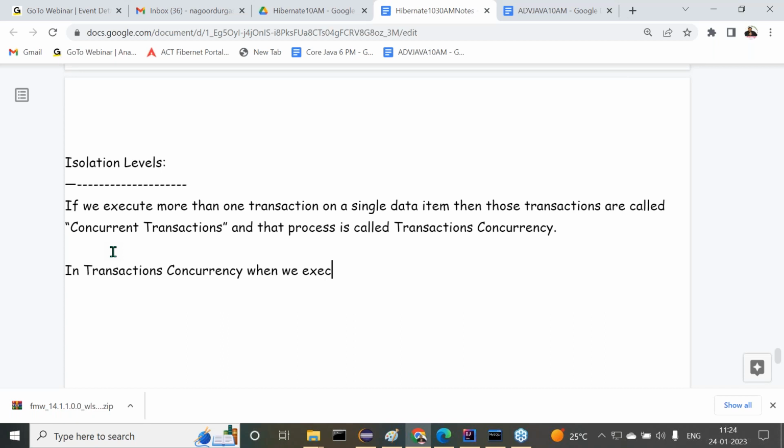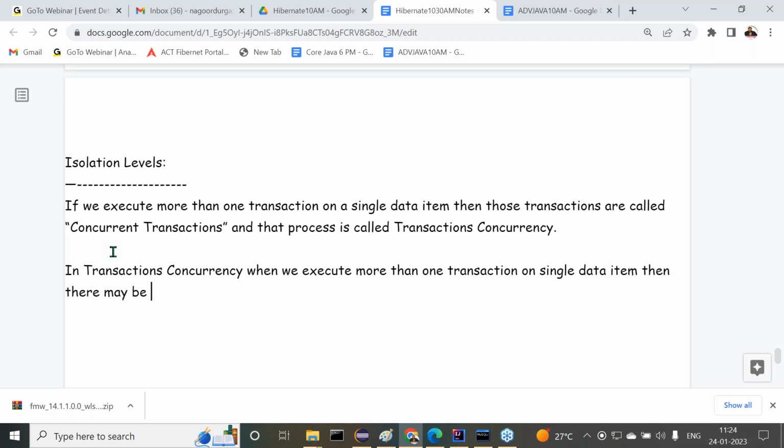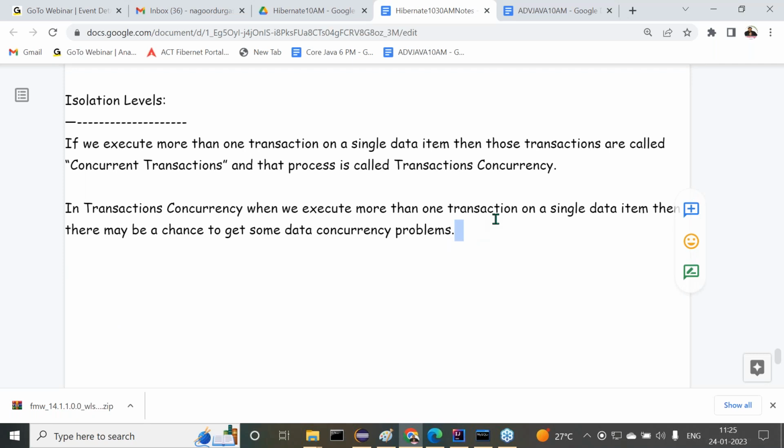When we execute more than one transaction on a single data item, there may be a chance to get some data concurrency problems, which may make data inconsistency.